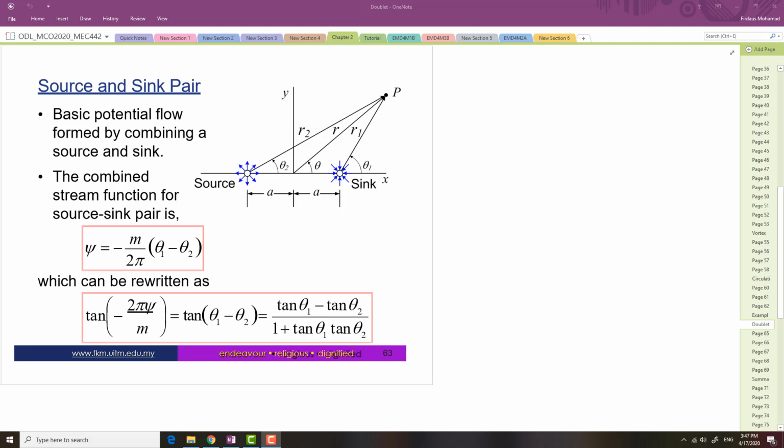Okay, so basically this combination, when the source and sink approach one another, we call it a doublet.